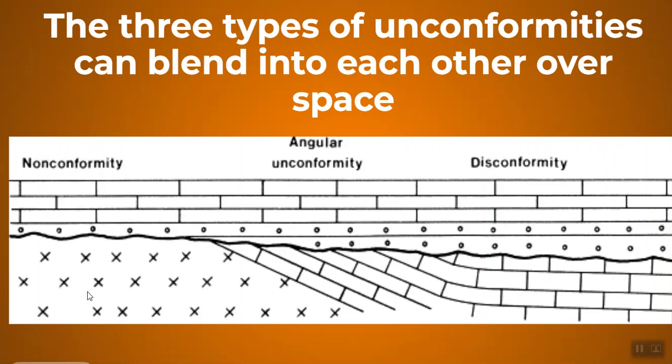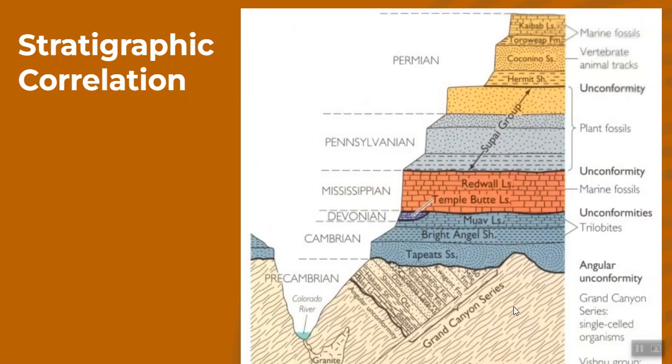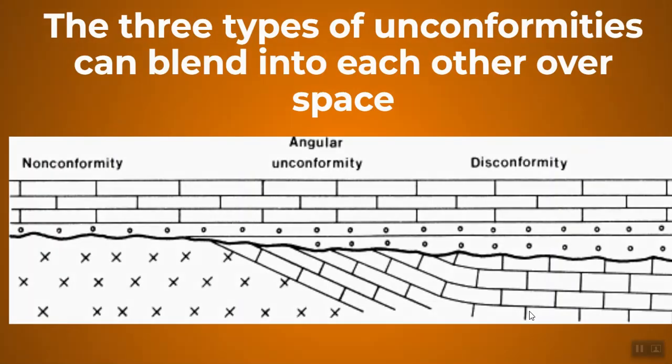So you may have a nonconformity here, shifts over space into an angular unconformity, and then a disconformity, because things have changed tectonically or depositionally over space. And again, we see that here where in one area of the canyon you'll have a nonconformity, and it shifts into an angular unconformity right there.